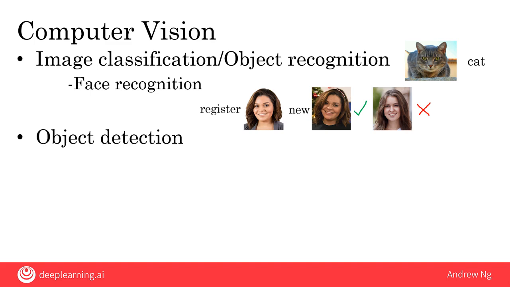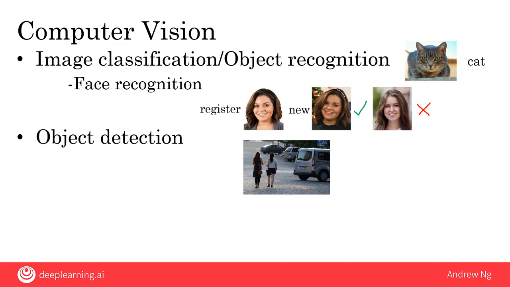A different type of computer vision algorithm is called object detection. So rather than just trying to classify or recognize an object, you're trying to detect if the object appears at all. For example, in building a self-driving car, we've seen how an AI system can take as input a picture like this and not just tell us yes or no, is there a car, yes or no, is there a pedestrian, but actually tell us the position of the cars as well as the positions of the pedestrians in this image.